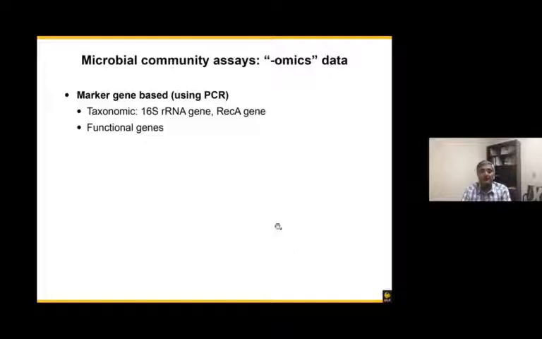In particular, people focused on the 16S ribosomal RNA gene, for example, or the RecA gene, which provide good taxonomic markers, meaning every bacterium has it. And if you go to an environment, if you're able to PCR amplify this portion of the genome containing this gene, and then sequence it, then we can use that sequence to build phylogenies and understand evolutionary relationships and the taxonomic composition of the organisms in these communities. And people have also used marker gene-based approaches to study functional genes, right? If you were interested in looking at particular functions in microbial communities. So this whole marker gene-based approach is one idea.